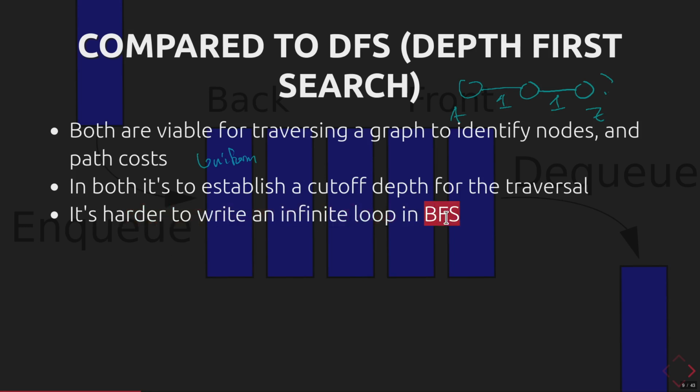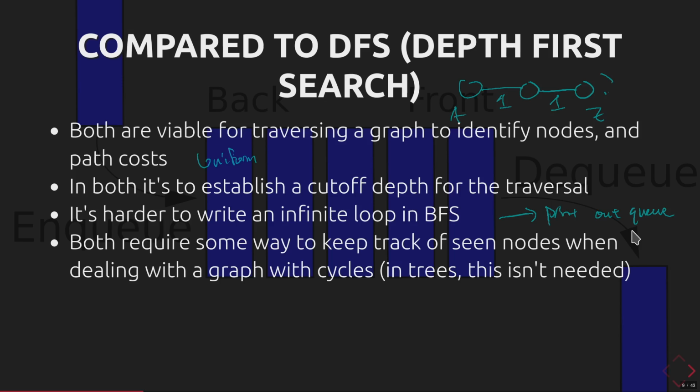So in breadth first search, that's kind of harder to mess up, and it's easier to debug because you can just print out the queue every single generation, right? Fairly simple to do, so I find it easier to debug as well.